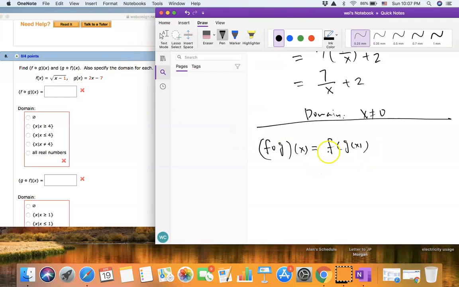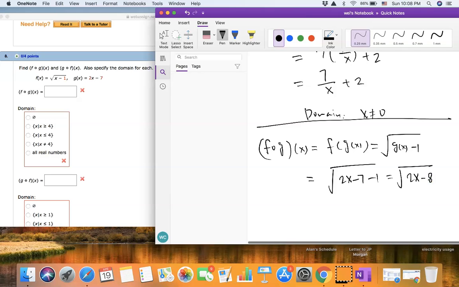So I'm gonna replace the x in f(x) by g(x), which will give me the square root of g(x) minus 1. Okay, and then we write down what is g(x). g(x) is 2x minus 7. That's 2x minus 7 and minus 1. So it is the square root of 2x minus 8.